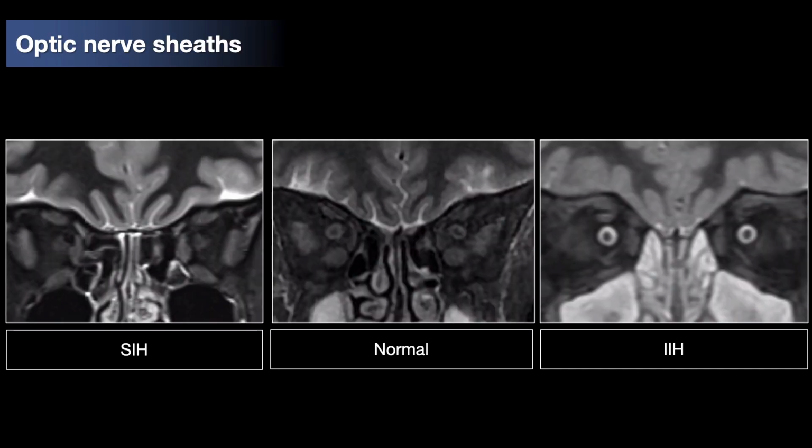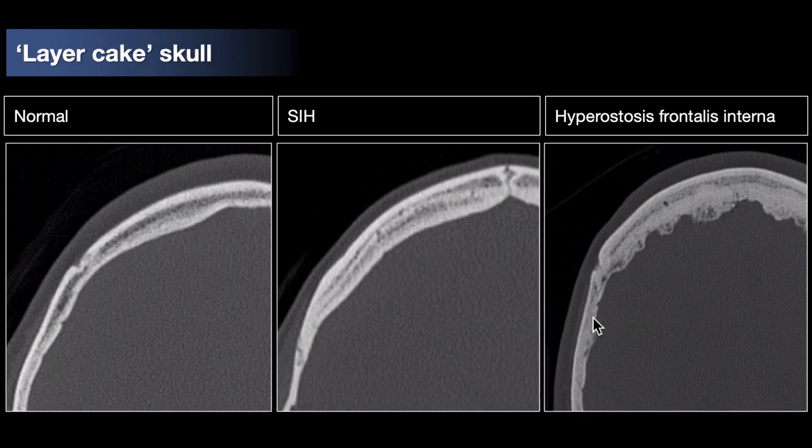We can look at the optic nerve sheath subarachnoid space. So in normal patients, you should see some perioptic CSF signal. In SIH, that space becomes collapsed, conversely compared to IIH, where it's distended. And a more recently described finding, particularly in patients with a chronic leak or chronic symptoms, is that of a diffuse calvarial hyperostosis.